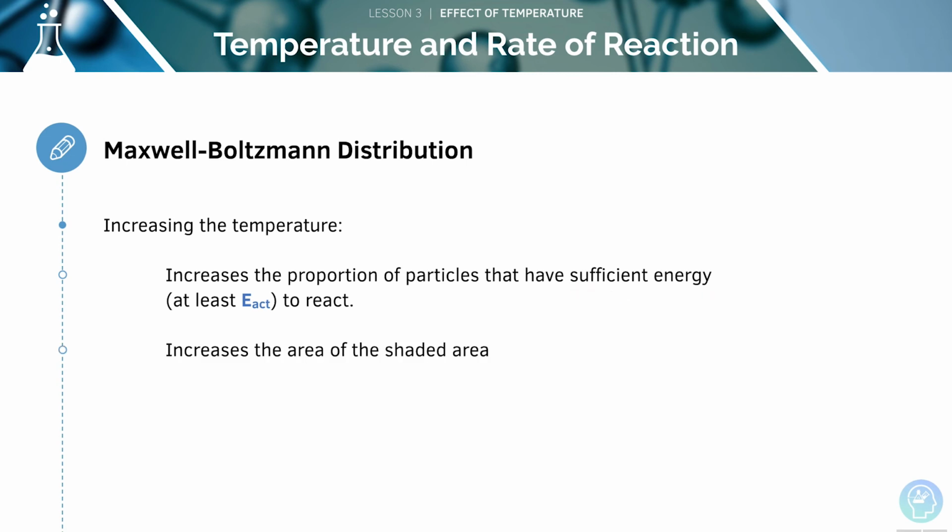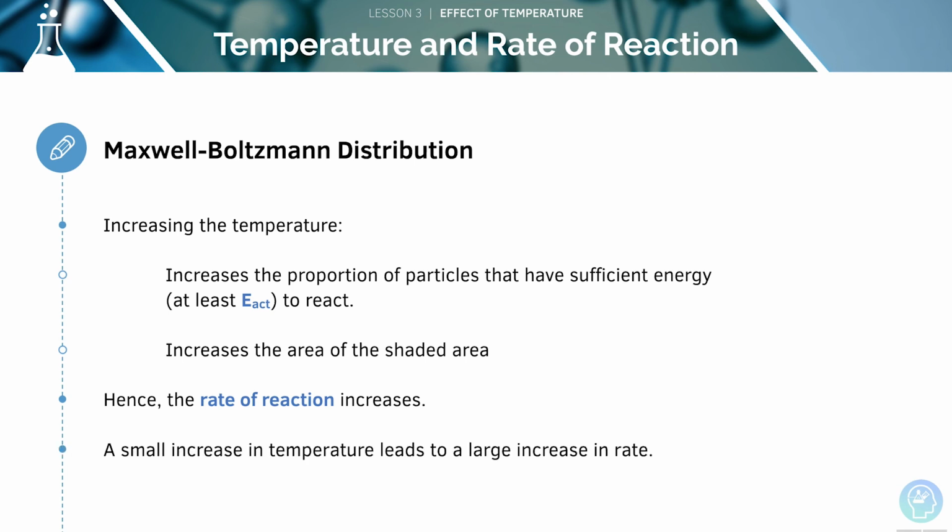This can be observed from the shaded region, which increases in area when the temperature is increased. As a result of there being a greater proportion of particles having sufficient energy to react, the rate of reaction will also increase. The graph shows that even a small increase in temperature will lead to a larger increase in rate.